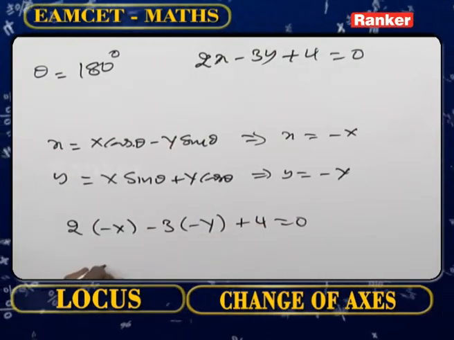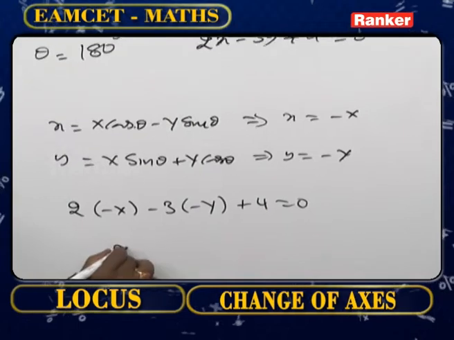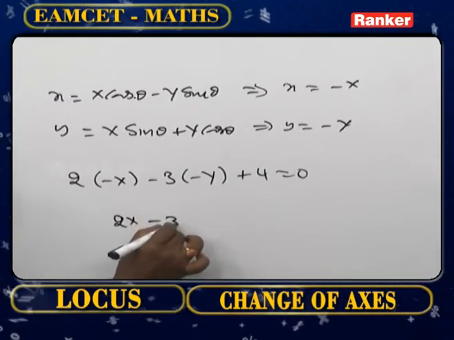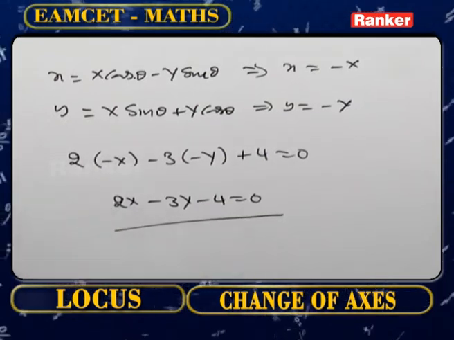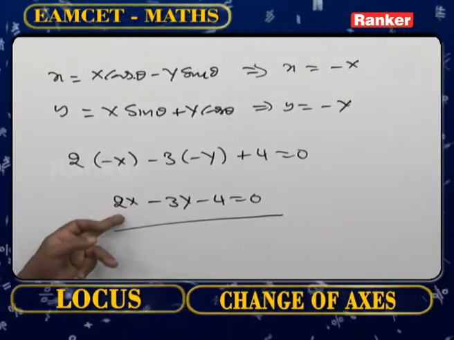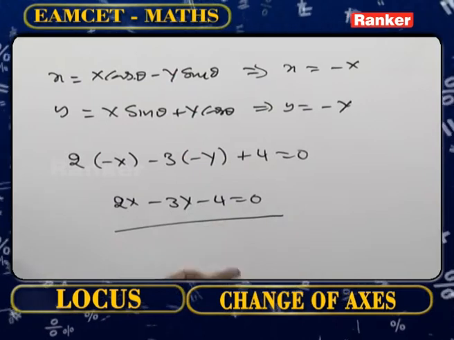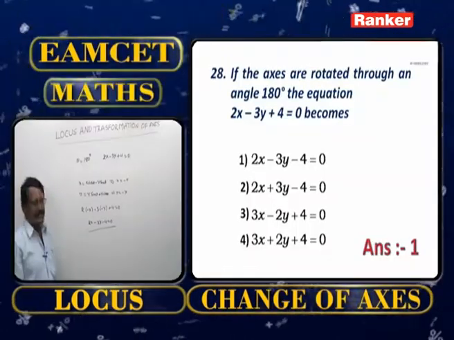Taking minus common in the complete equation, we get 2X minus 3Y minus 4 equals 0. Now it is the required transformed equation of the line, 2X minus 3Y minus 4 equals 0. Then the first option is correct.